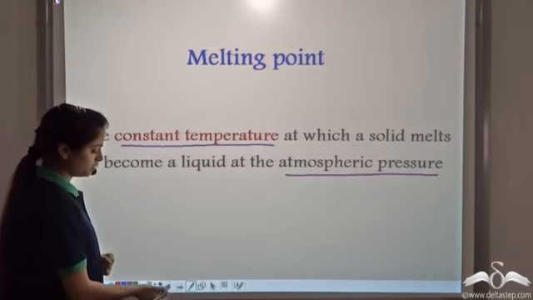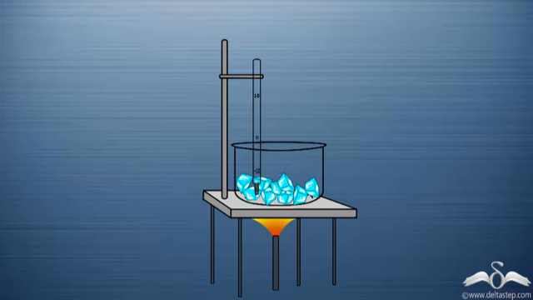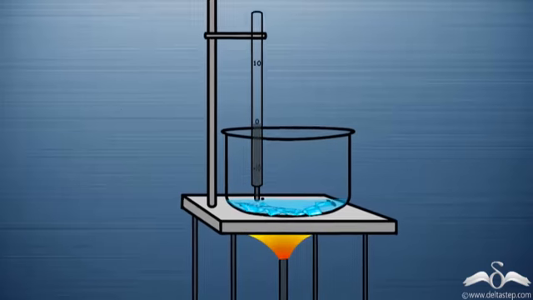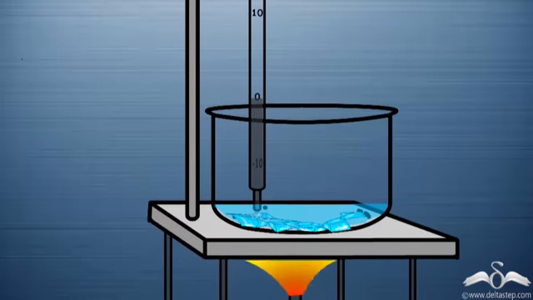Let's revisit the experiment which we had performed. We have already seen that the melting point of ice is 0 degrees Celsius. Try to observe something else here. As we heat the ice cubes, initially the temperature rises from minus 10 degrees Celsius to 0 degrees Celsius. Then it stays there for as long as the entire ice is changing into water. The temperature does not change till the entire ice changes into water.